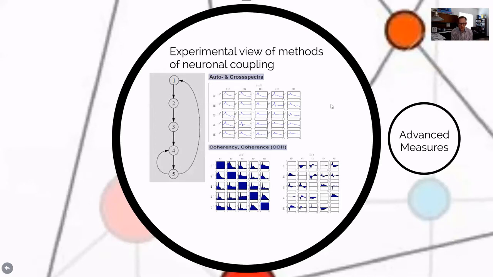So first we see auto and cross spectra that show activity basically across every connection. Coherence is shown on the bottom, where the typical coherence algorithm is on the left and imaginary coherence on the right. Again, you can see that most of these boxes are filled in.